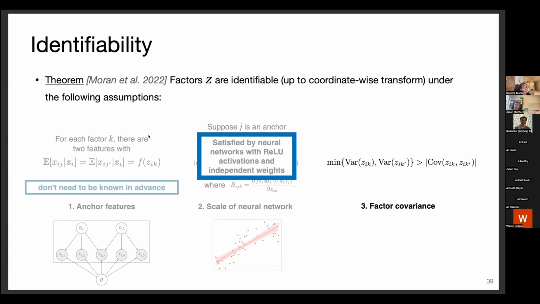And the other assumption that we have is on the covariance of the factors. So the variance of any individual factor needs to be greater than its covariance with any other factor. I like to think of this as, we need to see a factor varying more in itself than its covariance with any other factor. If we're thinking about that toy example in machine learning, if you only ever see cows on grass and camels on desert, then there's no way for your model to actually tell the difference between the two.